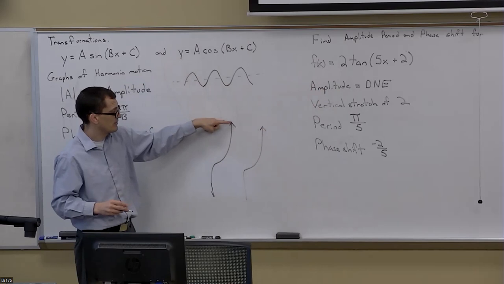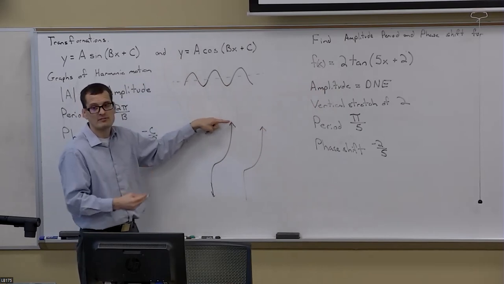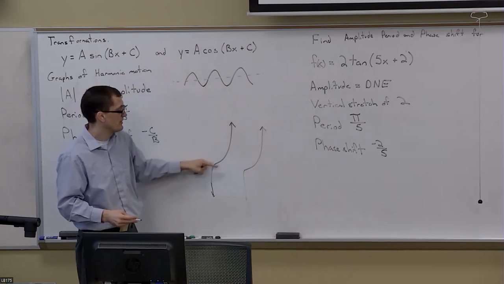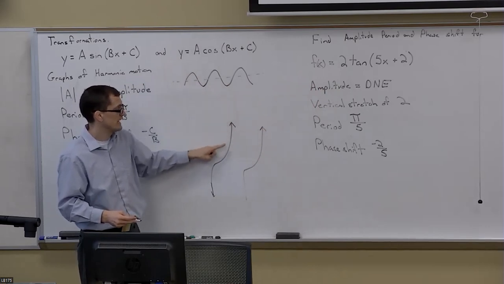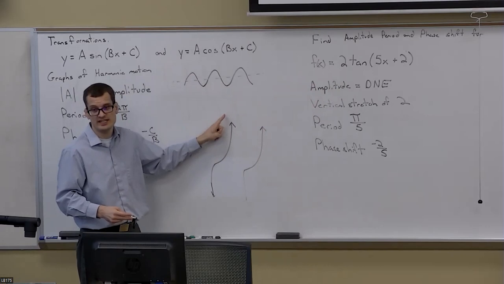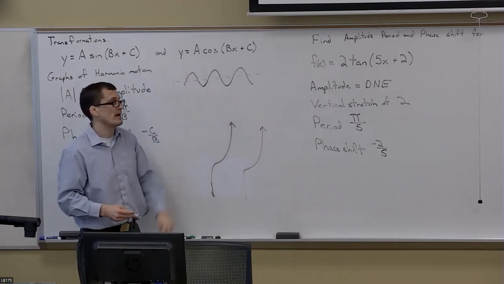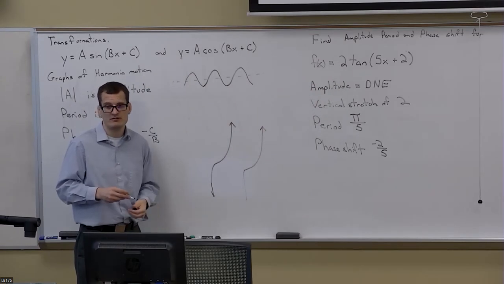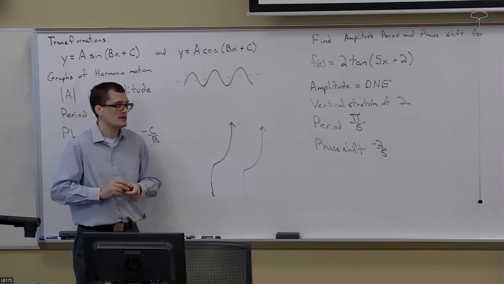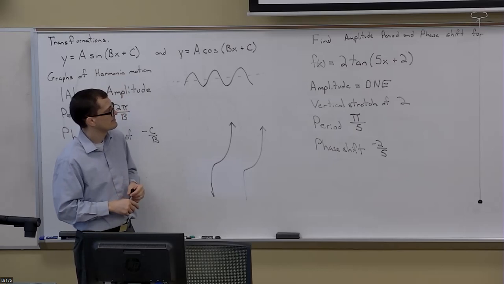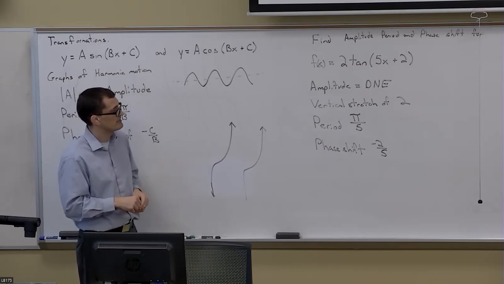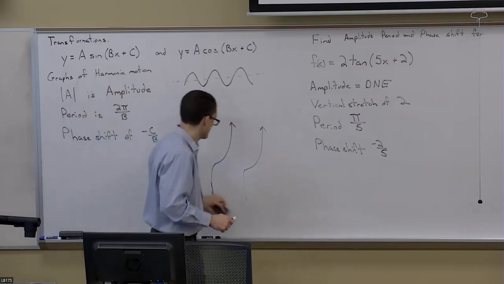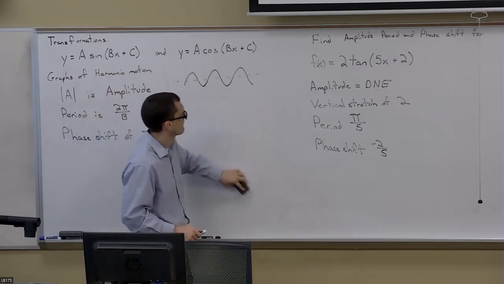Where here, while we do have periods, the actual value shoots off to infinity. You can think of the amplitude as infinity in some cases if you want, but usually we don't. Gotcha. Thank you. Yep. So that's why amplitude doesn't exist, even though there's a vertical stretch. All right. Good.